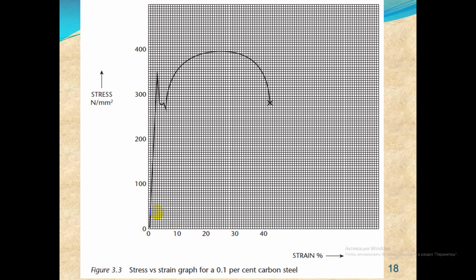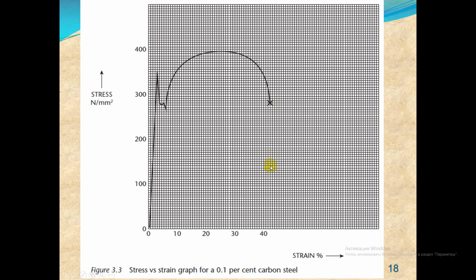Furthermore, this 42.5% extension was permanent extension and was measured by putting the broken test piece ends together in an extensometer gauge and measuring the new length at the point of fracture.